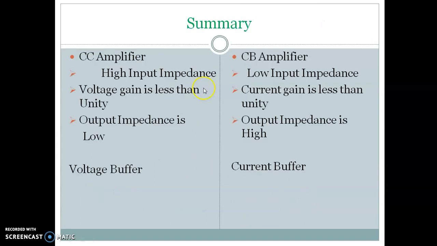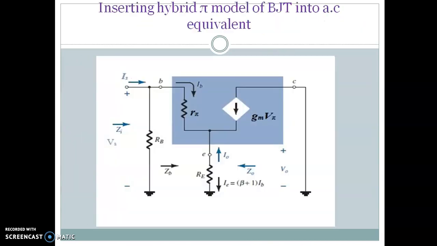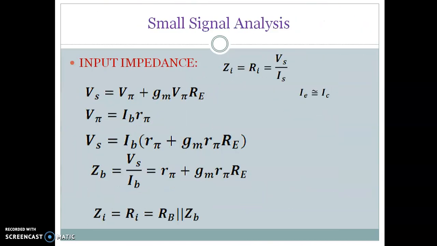Now to summarize, the common collector amplifier has a high input impedance. You could see here, in case of the common collector amplifier, the input impedance turned out to be a very large quantity. It is RB parallel ZB, and ZB is nothing but R pi plus Gm R pi times RE. So even with a very small RE resistor included, Gm R pi is going to be of a very large value, so it gets reflected at the input side by Gm R pi times.